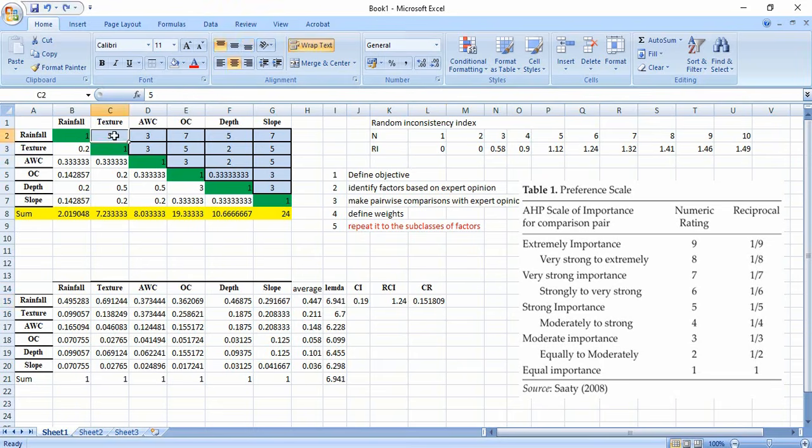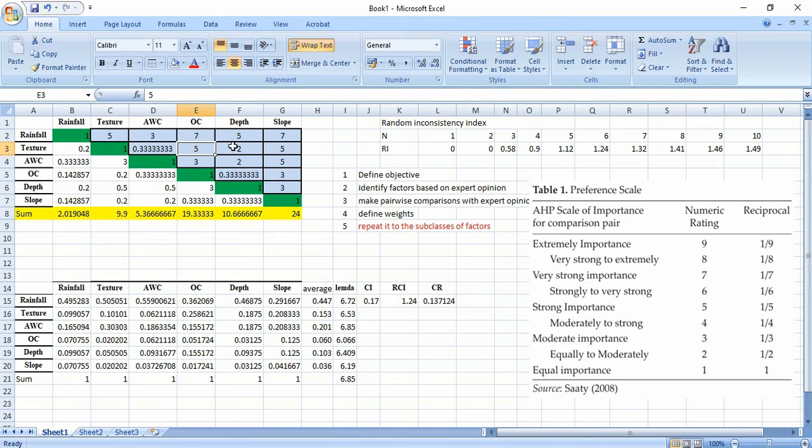You have to see that texture is strongly less important and AWC is moderately less important, but here you are giving that texture is moderately more important than AWC. So here you can see one bias is there. You can write here the opposite, 1 by 3. Similarly, identify the inconsistency here, and accordingly make sure this is less than 0.1.